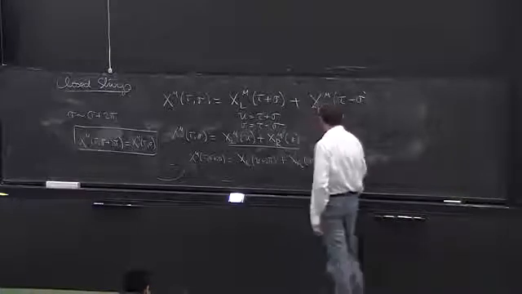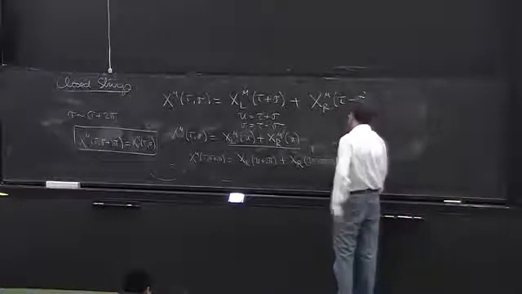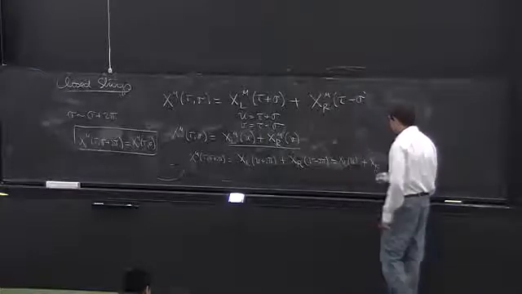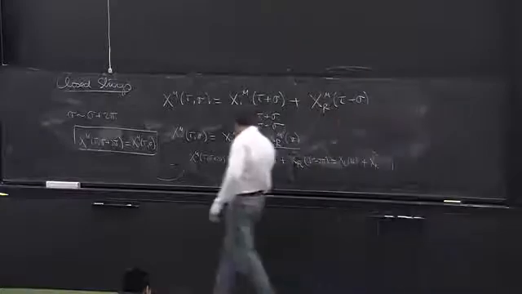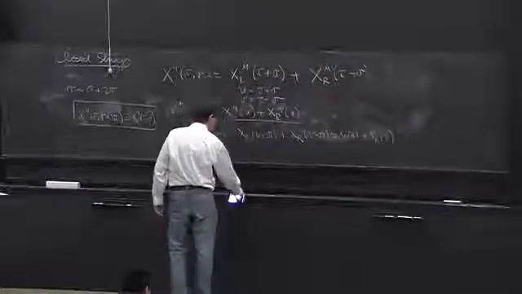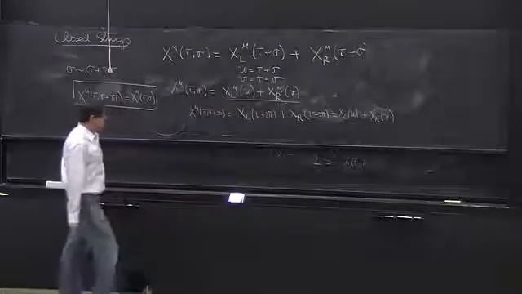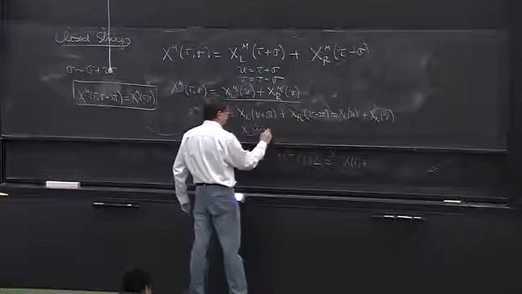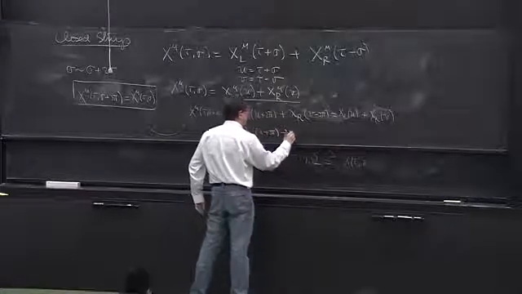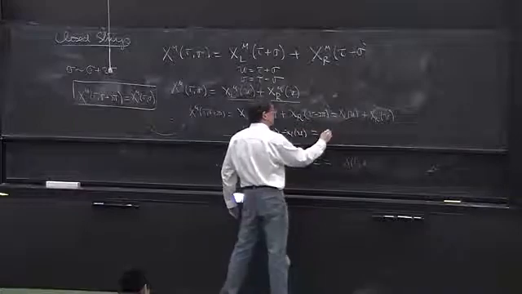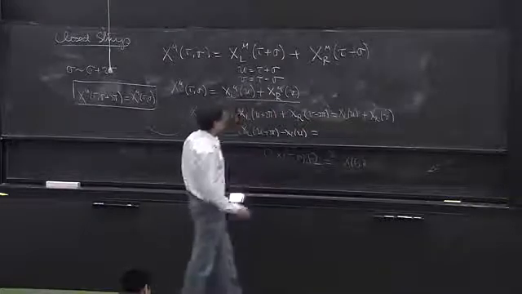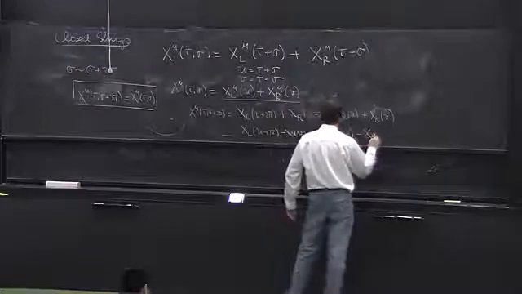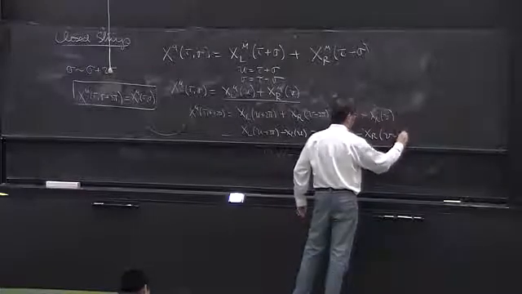And that should be equal to xl, I'm dropping the mu index, of u plus x right of v. Well, we can write this a little nicer by pulling the xl here: xl of u plus 2 pi minus xl of u. And on the other hand, you have here x right of v minus x right of v minus 2 pi.